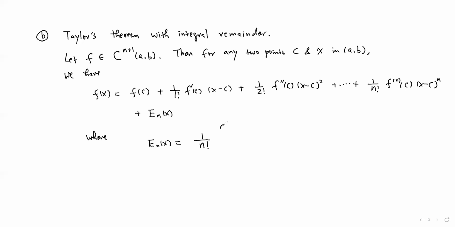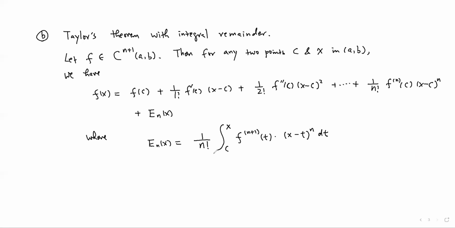Times the integral from c to x of the (n plus 1)th derivative of f at t times (x minus t) to the n dt. In this integral, x and c are considered constants. t is a variable.